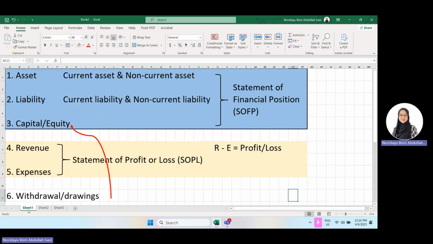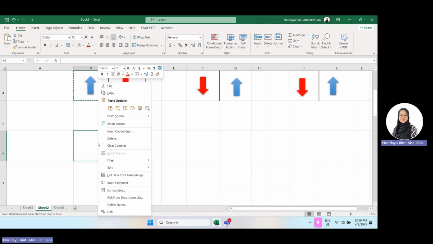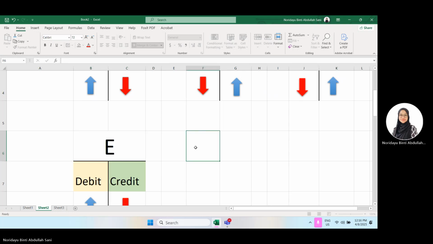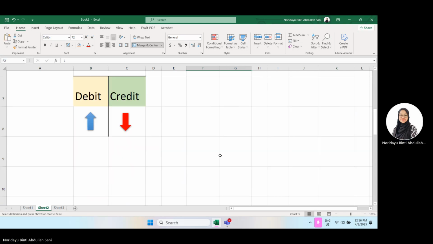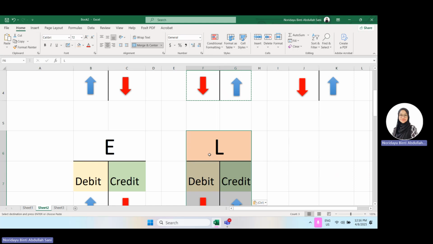We will have this revenue and expenses. So if I have revenue and expenses, the nature is similar to your asset and liability. That one is on the accounting equation.